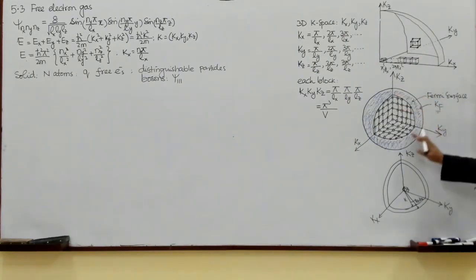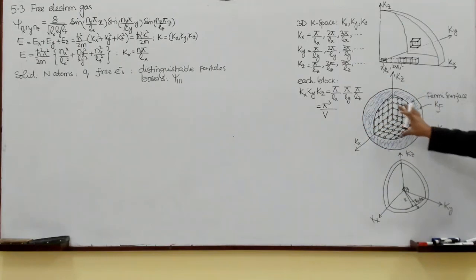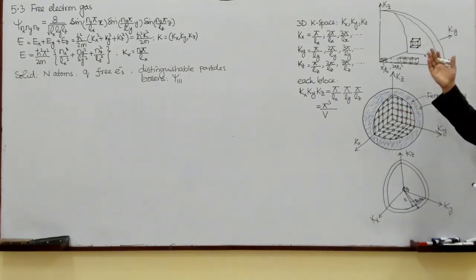So this sphere contains all the occupied levels, and the occupied levels are bounded by the Fermi surface, because the Fermi surface gives us the barrier between the occupied and the non-occupied.